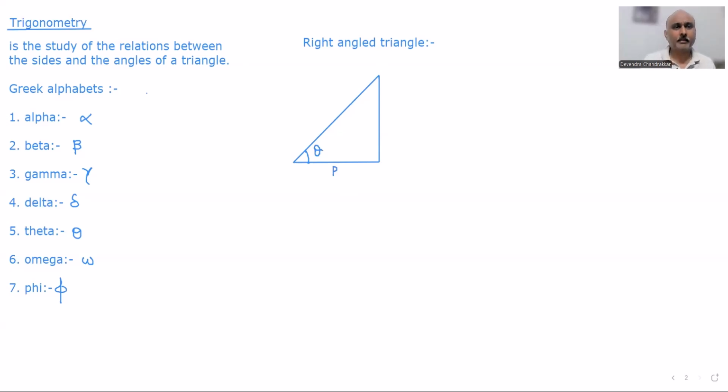Always remember, you can see how I am using theta to represent this angle of the triangle, right?